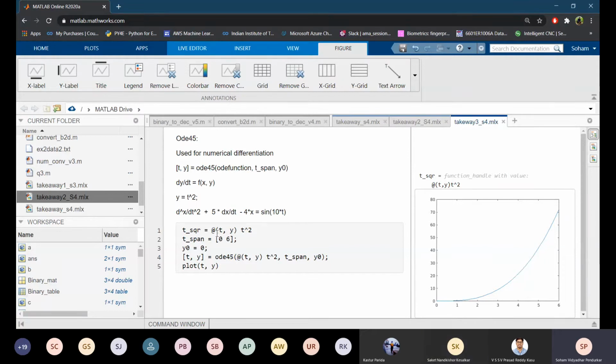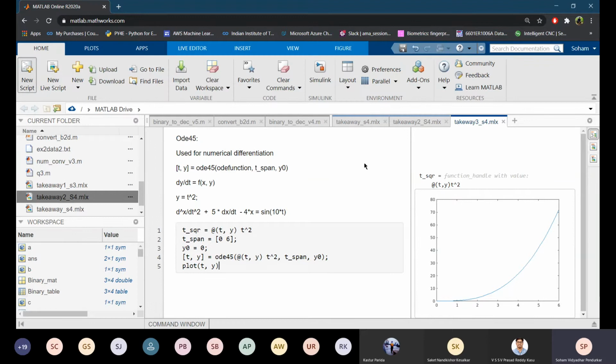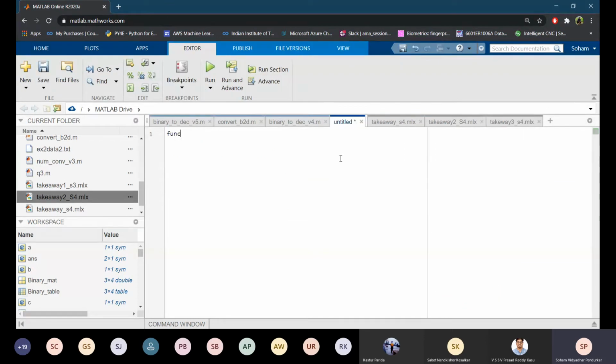When I'm creating @, I'm actually trying to define a function, and what that function is, this y equals t square. If there was no such @ thing, what I would do is create a new script, define the function, and then create y equals some function.